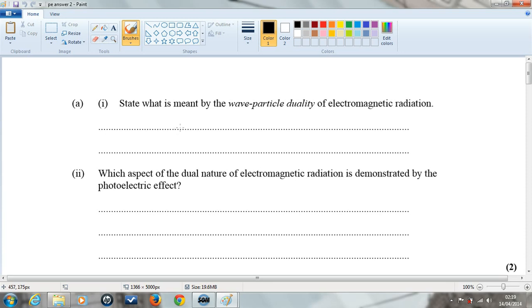Okay, let's have a look at this question then. The first question is asking, what do we mean by the wave-particle duality, and in this case it's of electromagnetic radiation?